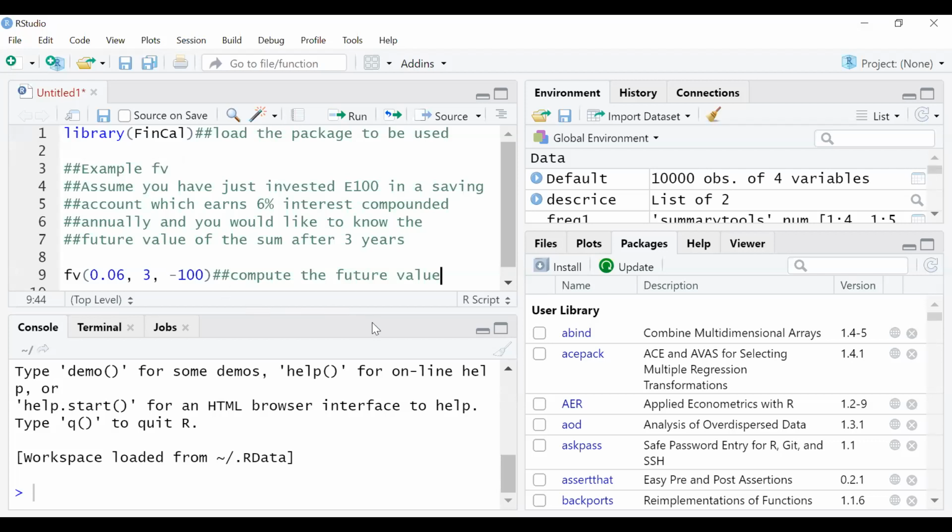So try to follow what I have here. Yeah, this is just the question here. We have assumed you have just invested, blah blah blah. Then there you have the interest rates, the number of years, then the present sum. Then you use that to compute the future value.